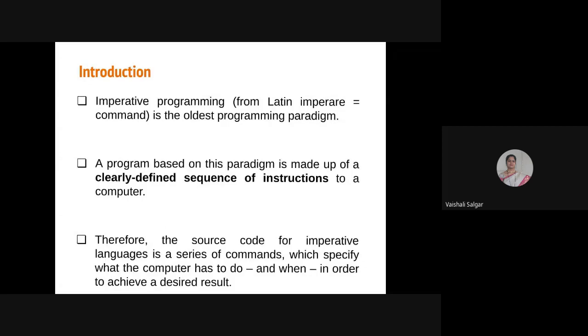The set of instructions is clearly defined for the computer, and therefore the source code for an imperative language is a series of commands which specify what a computer has to do and when, in order to achieve the desired results.